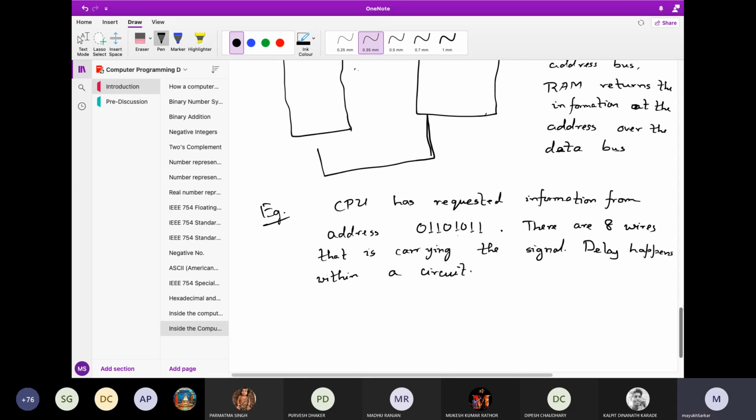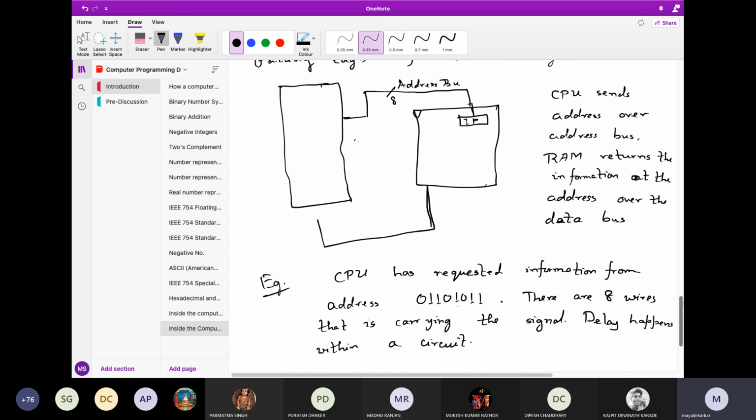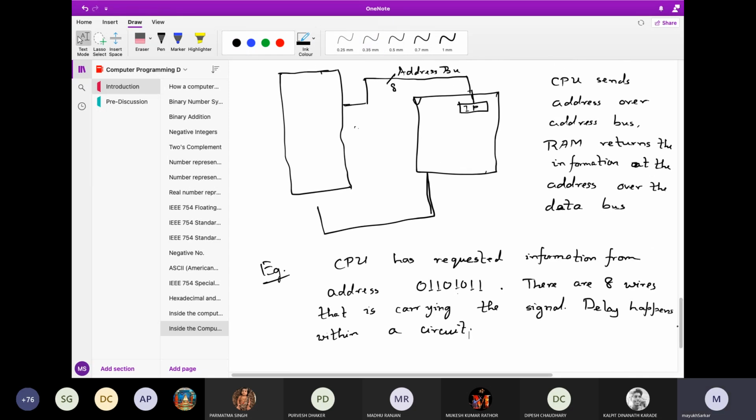Though the delay is not much, even at the level of picoseconds, lower than nanoseconds, but delay happens. Don't think that these 8 bits will be fed over the address bus to the memory at the same time. No, that will not happen.